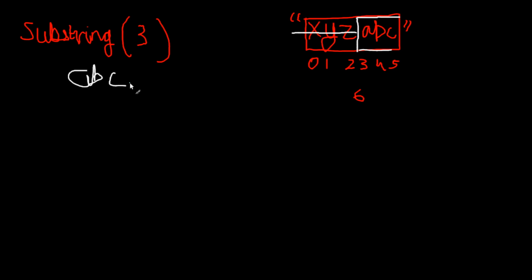Now there's also another way you can use the function, and that's by giving it two parameters. If you put a 2, 4, then this will give you a value where it starts from the second index. It includes the second index.